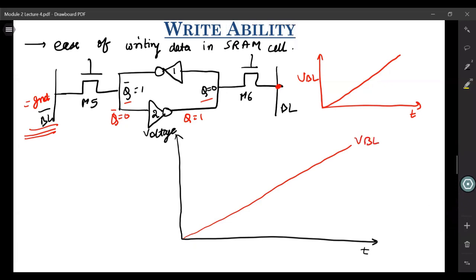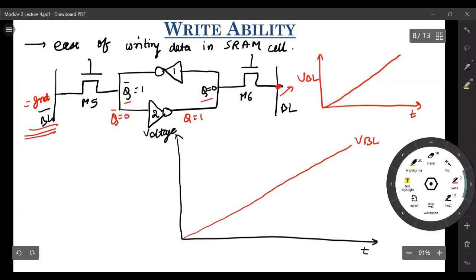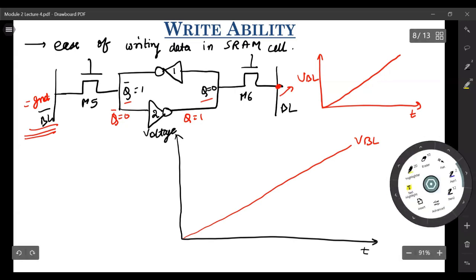Now, as this VBL is increasing, your Q and Q bar potentials will also change. When this VBL increases, it tries to pull this Q towards VDD. So now let us draw Q and Q bar on the same axis.